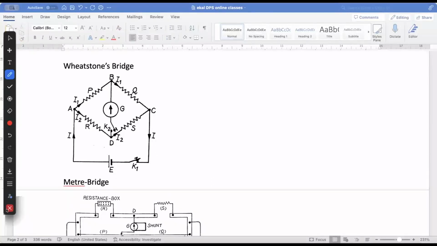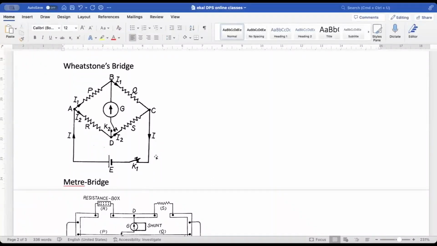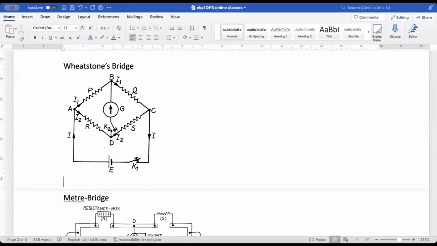Now, using Kirchhoff's second law, the loop rule, for the closed loop ABDA.